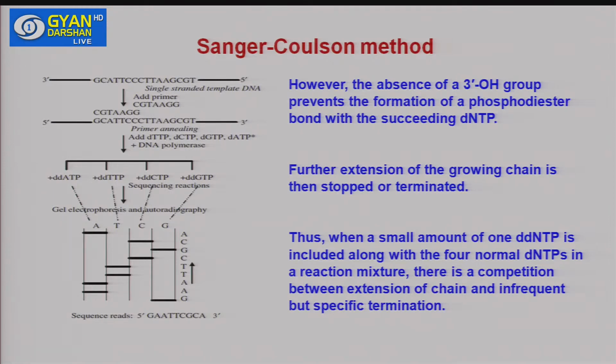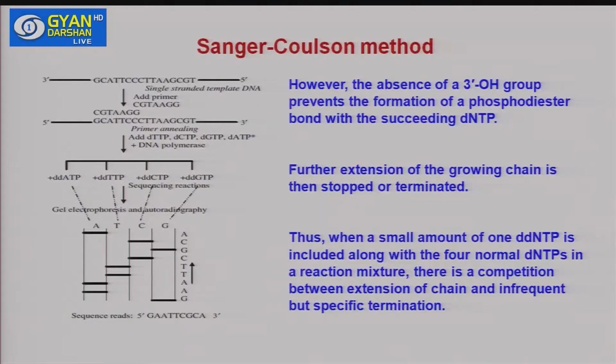So when you are setting up a reaction, you have to mind that you are using the DNA, and you are using a primer. It can be a universal primer, T3 and T7 primers, or M13 forward, M13 reverse primers. These are called universal primers. And of course, those primer sites have to be there in the vector, and you have cloned the gene of interest within a specific vector having those universal priming sites.